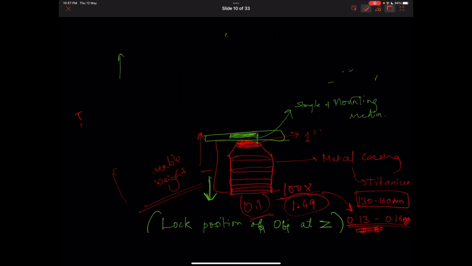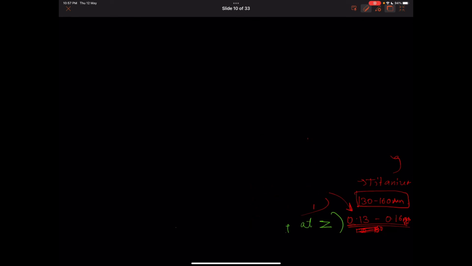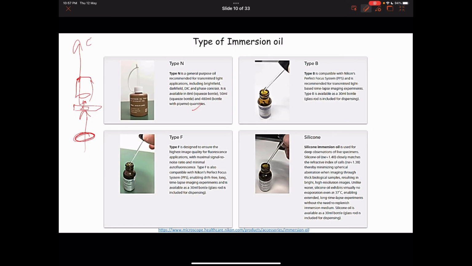Now, most of the microscopy, like super resolution microscopy, including single molecule localization microscopy techniques such as PALM, STORM, etc., which are done at TIRF angle, takes considerable time for acquiring a single STORM image.